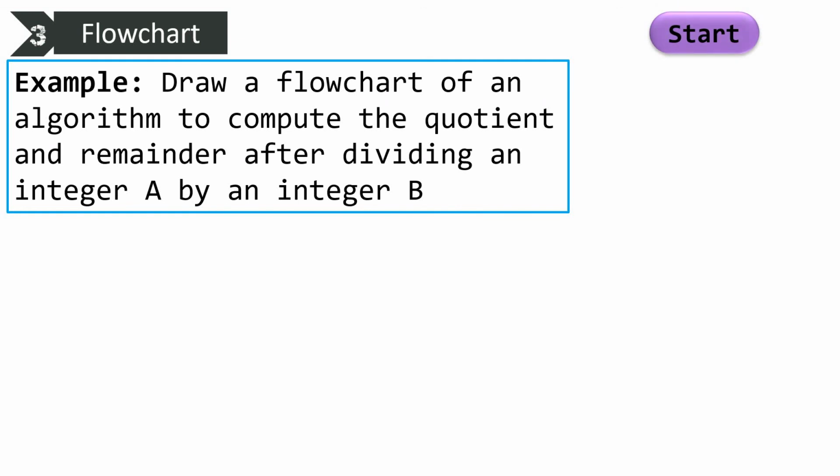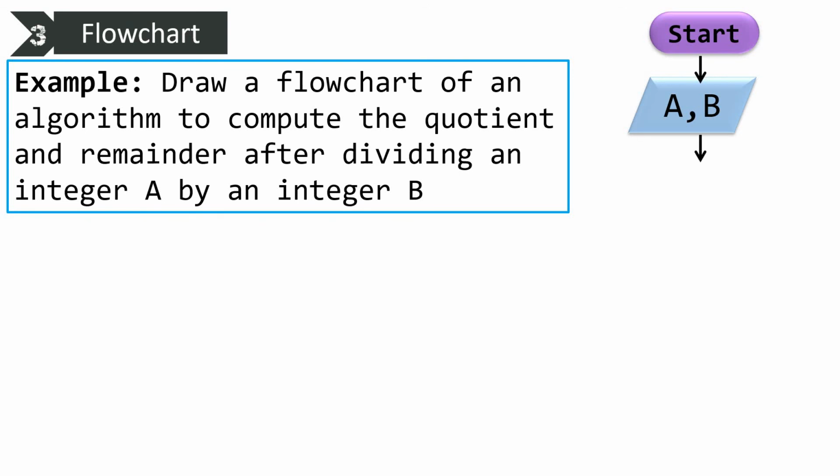Use arrows to show the direction of flow of control. So from the start box, you have an outgoing arrow, and the next symbol will be a parallelogram to give the inputs a, b.